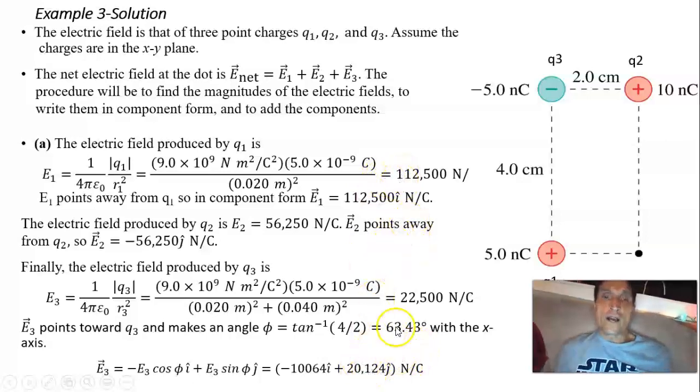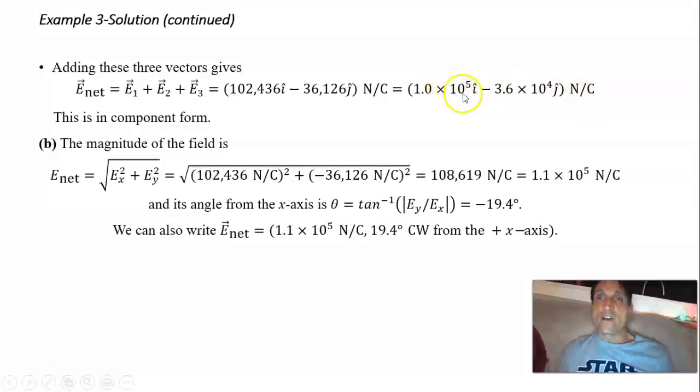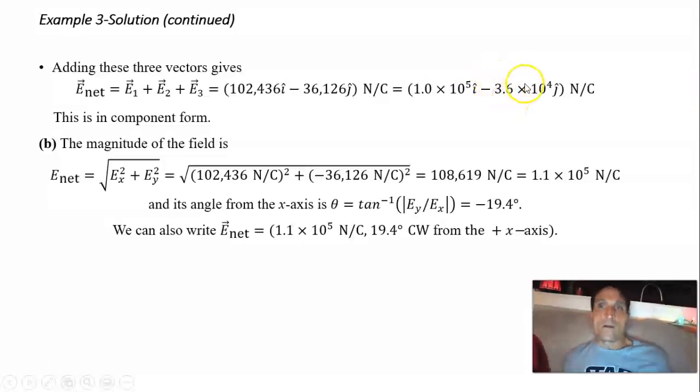To get the total y component, we add up all the y components of the individual vectors. And when you do that, here's our result. You get a field that's 1.0 times 10 to the 5 newtons per coulomb along x, and negative 3.6 times 10 to the 4 newtons per coulomb along y. So now we have our result in component form.